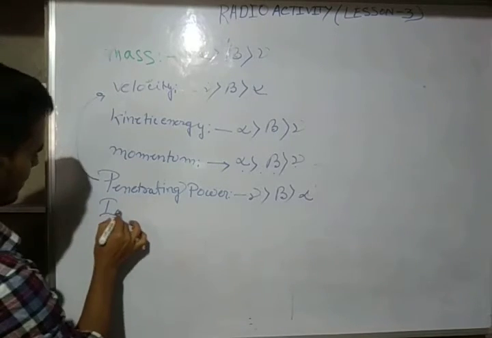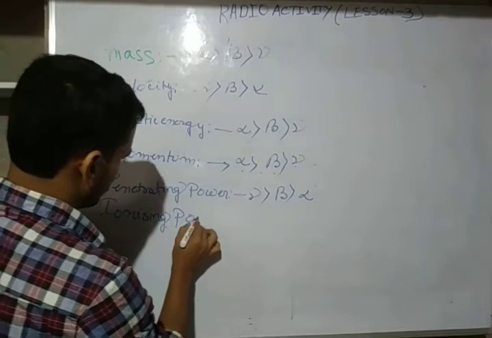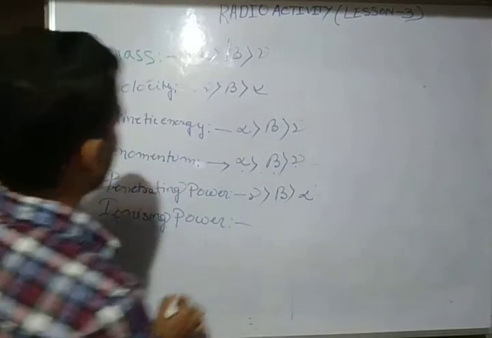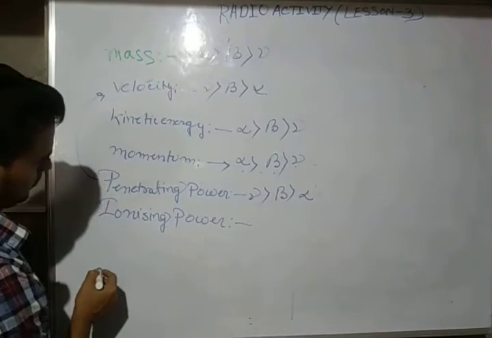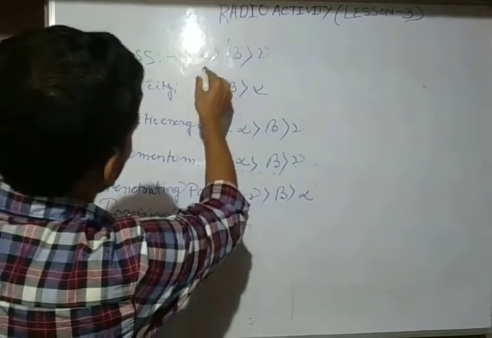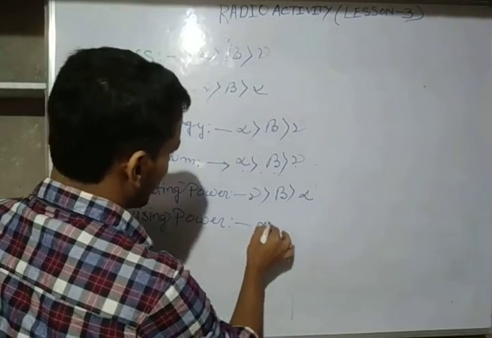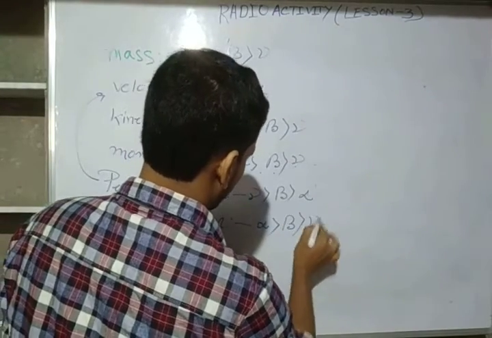Ionizing power: due to highest charge and heaviest mass of alpha, alpha has highest ionizing power, then beta, then gamma.